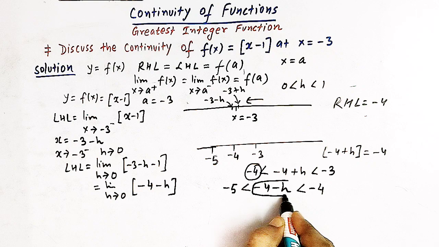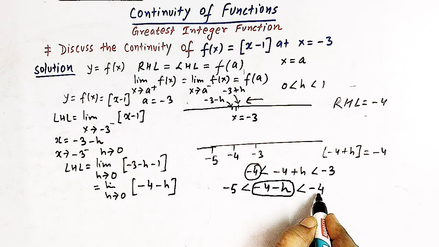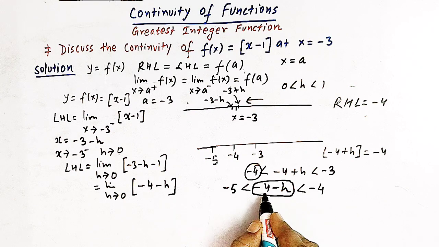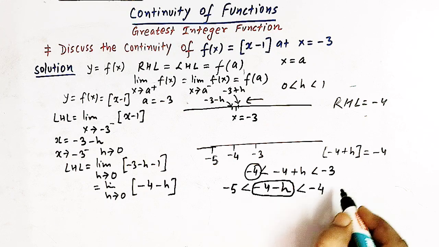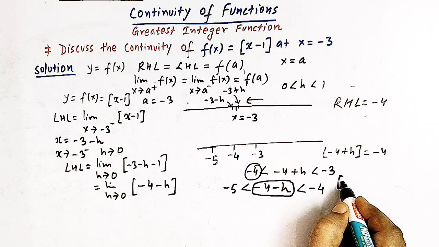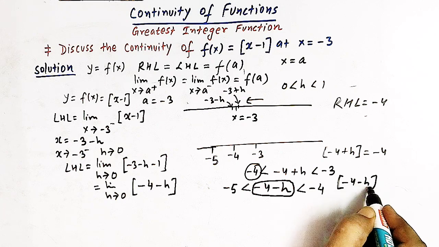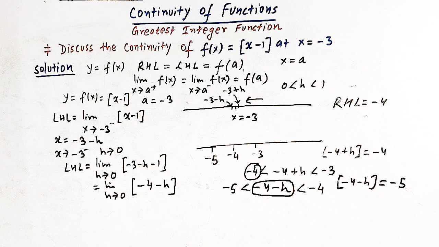In other words, minus 4 minus h is lying between minus 5 and minus 4. And by definition of greatest integer function, the greatest integer of minus 4 minus h is equal to minus 5.